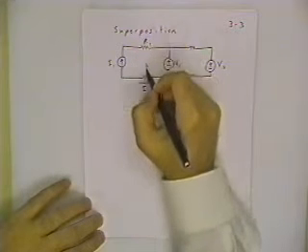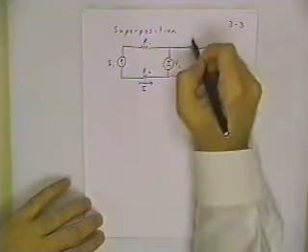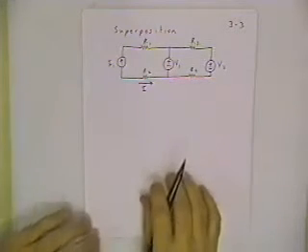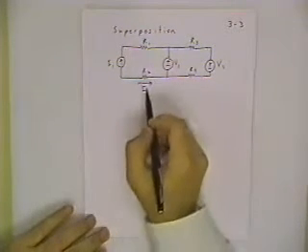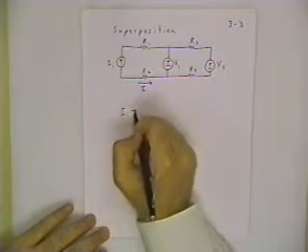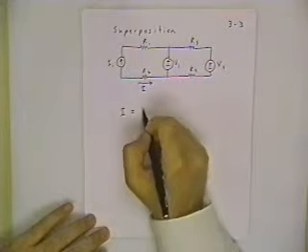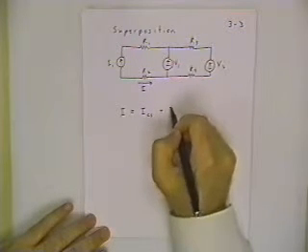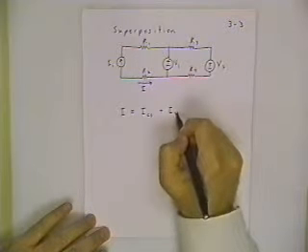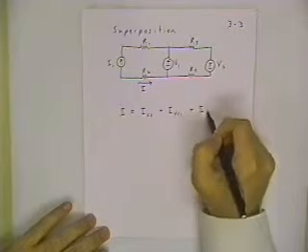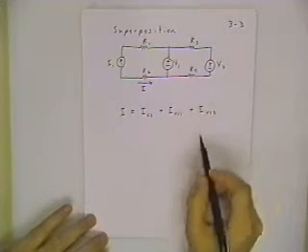Let's say all these resistors have numbers R1, R2, R3, and R4. What I can do is calculate this current I in 3 separate pieces. There's an I due to the current source. There's a current due to the voltage source Vs1, and then there's a current due to the voltage source Vs2.